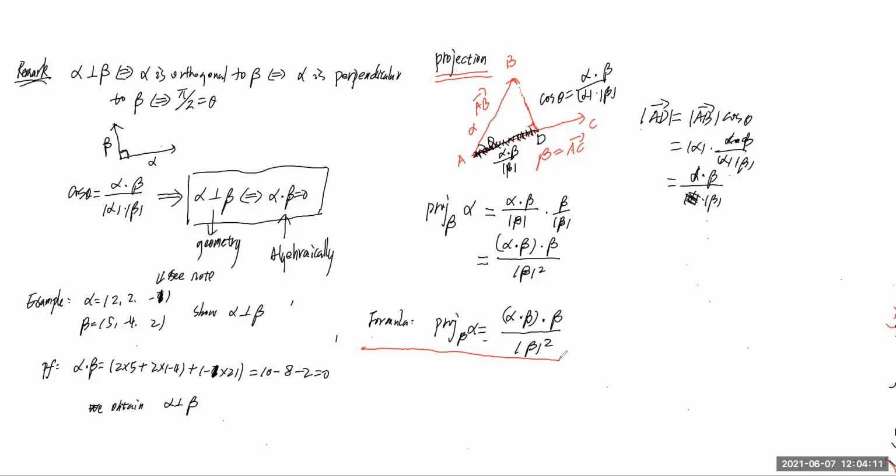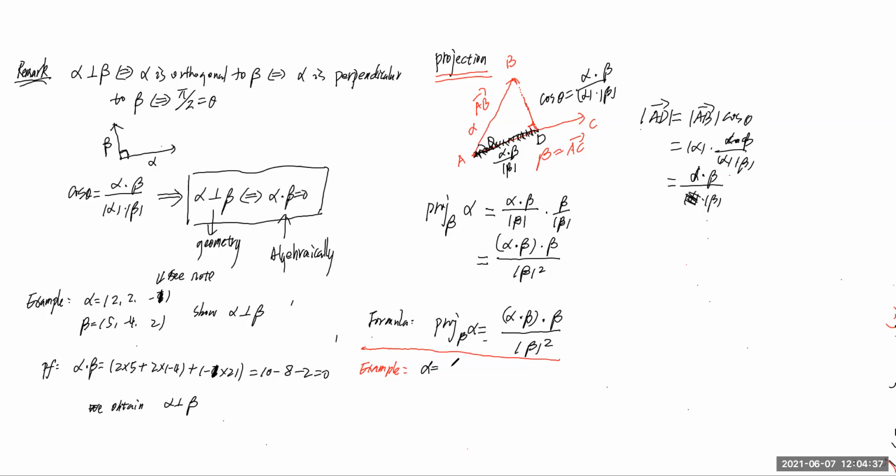Okay. So we still have time. Let me give you an example. Let's first give you an example and then try to explain more if we still have time. Of course, if we don't have enough time, let's stop here. So let's look at the example.